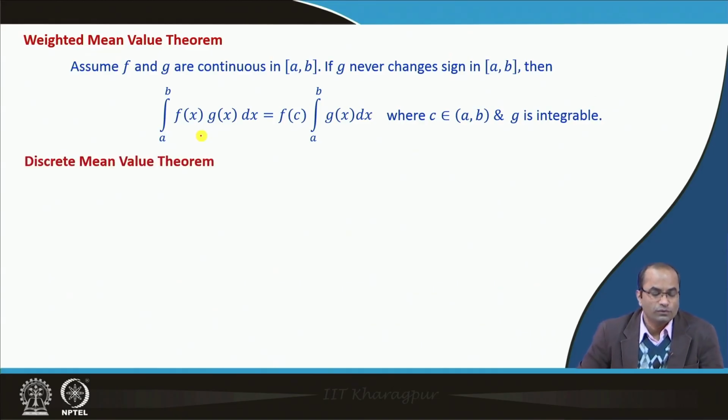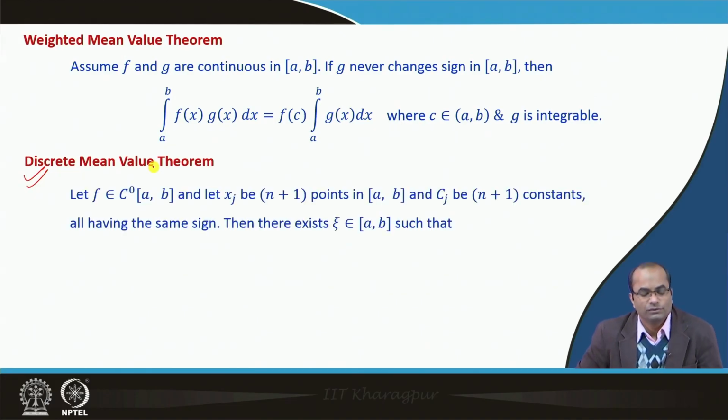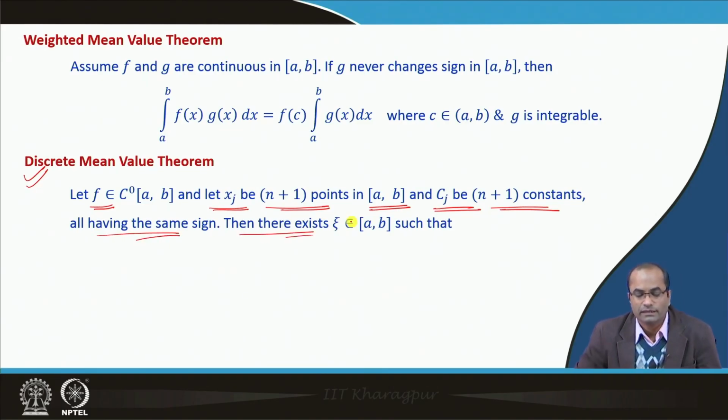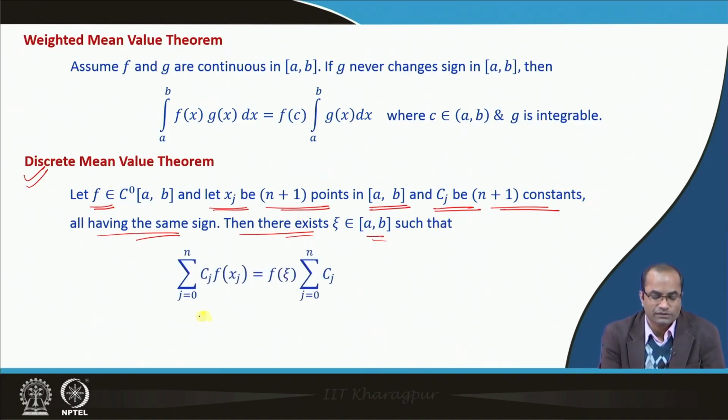The second result we need is the discrete mean value theorem, which says that if f is a continuous function and let x j's be n plus 1 points in this interval a b, and there are c j, n plus 1 constants all having the same sign, then there exists a xi in this interval a b such that we have this result.